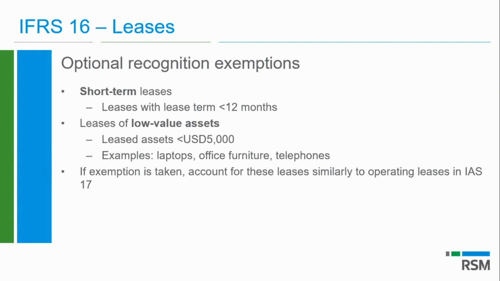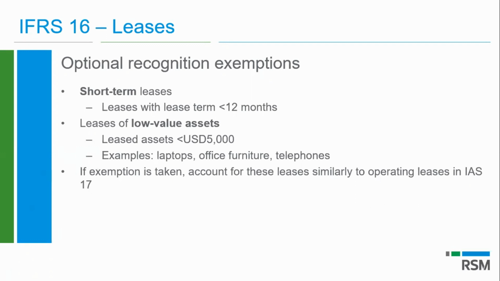What is important to note for short-term leases, and I've had this question a few times, is that if you've got a building that you're leasing on a 10-year lease, you can't change that agreement with your landlord and say, okay, I'll sign a new lease every year and have 12 short-term leases. You can't do that. You've got to take into account the lease term and the likelihood of you extending.